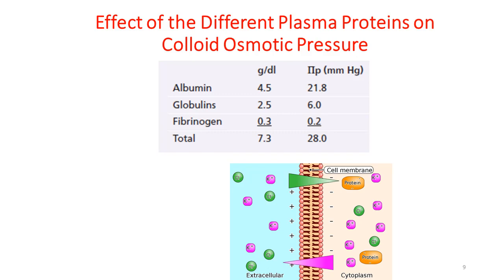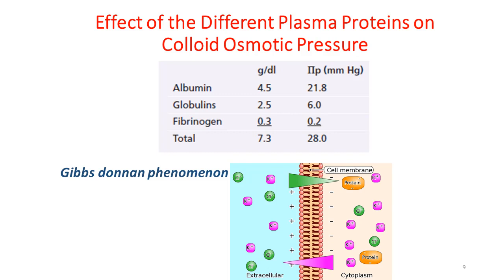A scientist named Gibbs-Donan collected these three important proteins and measured their colloid osmotic pressure in the experimental lab, and he found that the summation of these three proteins in vitro is about 19 millimeters of mercury.